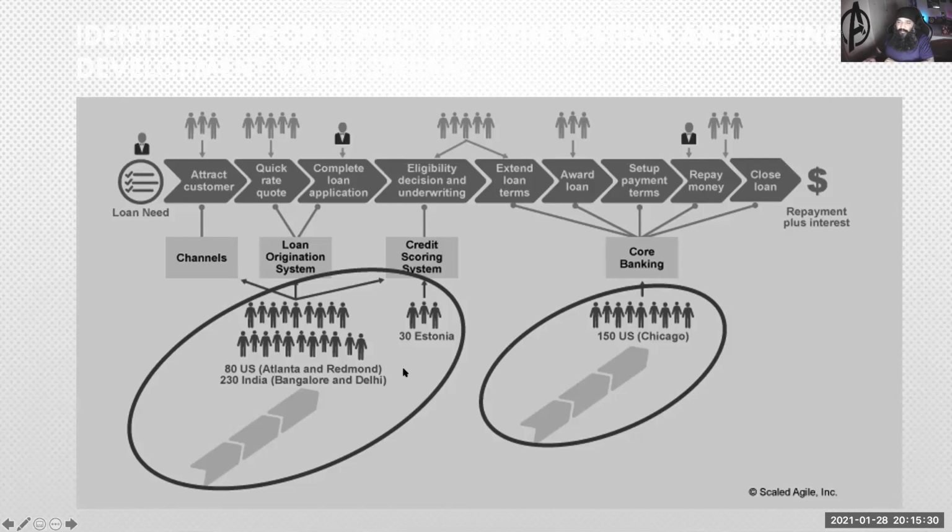Between Atlanta and Redmond, we have about 230 people working in India, between offices in Bangalore and Delhi. And then possibly just for the credit scoring system, we have a team of 30 people in Estonia who are working on this, right? But what we are talking about here is we have identified the different people who need to work together in order to develop the systems which support your operational value streams, right?